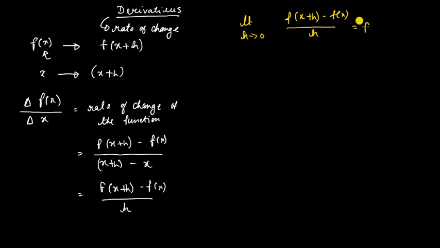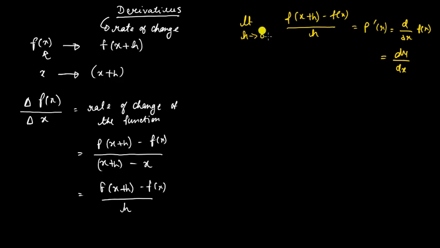We can write it like this, f prime of x maybe, or d dx of f of x, something like that, or for that matter you can also write it like dy dx if you consider the function f of x as y. So all these things are talking about the same thing, that we are considering the rate of change of the function with respect to the variable which is creating the function.